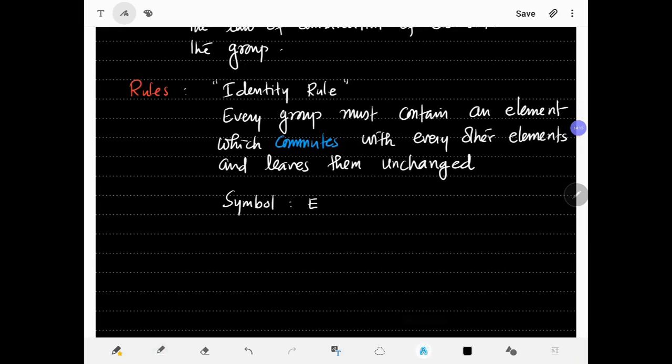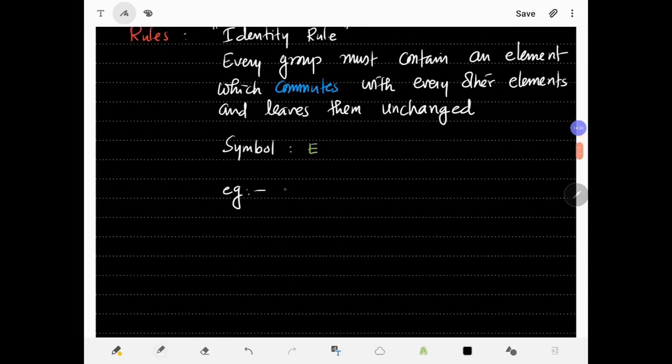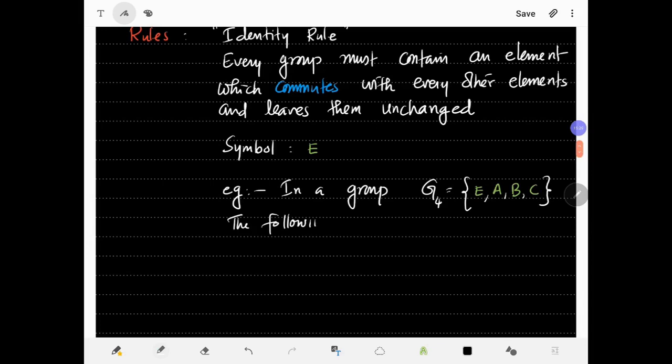And the identity element is usually represented by the symbol E. Say for example, suppose I have a group which contains 4 elements, namely E, A, B and C. This set of elements or group of elements is usually represented within a curly brace like this.